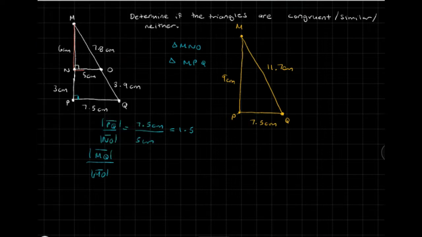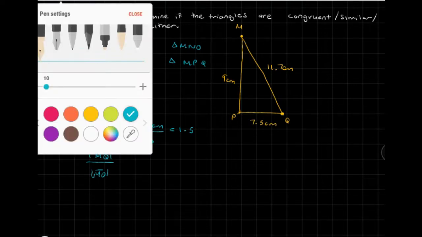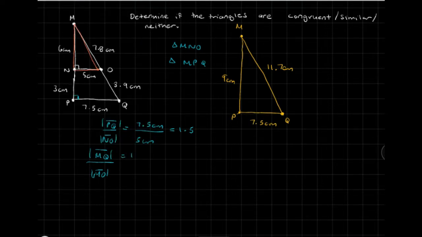This is the triangle that we are comparing it to. Guys, try to use a ruler for this stuff, but I'm just showing it to you. MQ is basically 11.7, MO is 7.8 centimeters. If I divide 11.7 by 7.8, I get 1.5 as well.